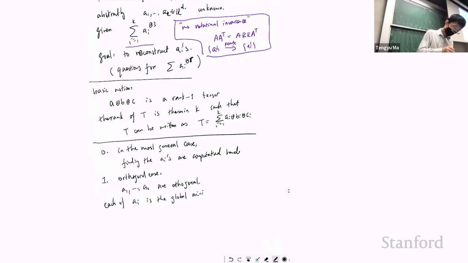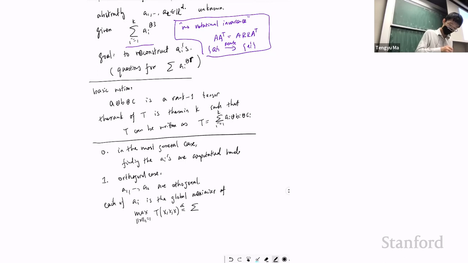There are multiple global maximizers, so each of them is a global maximizer of this objective function, where you maximize the L2 norm, maximize this tensor applied to a rank-1 tensor.